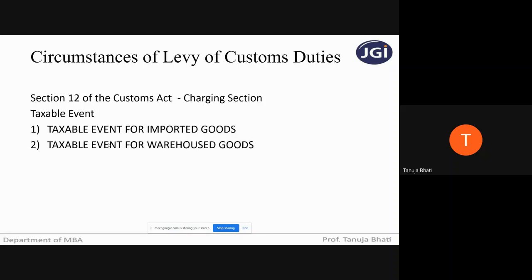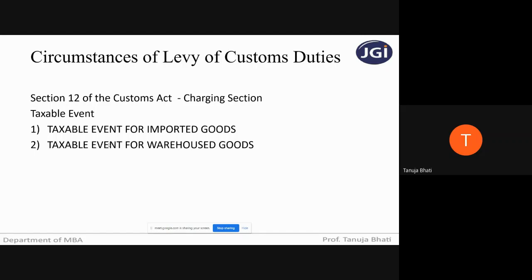In case of warehouse goods, now what happens, students, many times once the goods reach the custom port, the particular businessman or industrialist who is getting these goods in bulk may not have sufficient space in his factory or business premises. He has not paid the customs duty.